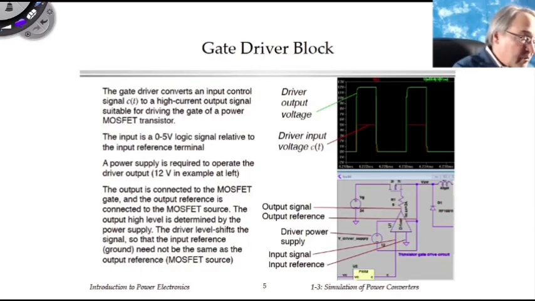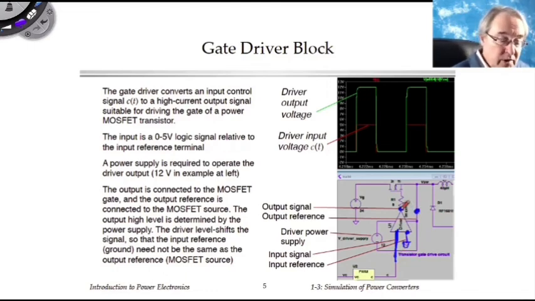The gate driver block, similarly, is a behavioral model that represents key features of gate drivers. So what you do is you apply the logic signal C to this input terminal of the driver. The driver actually measures its input voltage with respect to this input reference, which here is tied to ground. And then it produces an output voltage here with respect to the driver VDD or VSS signal here.